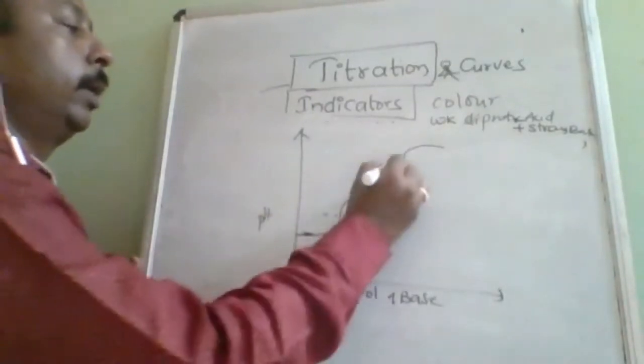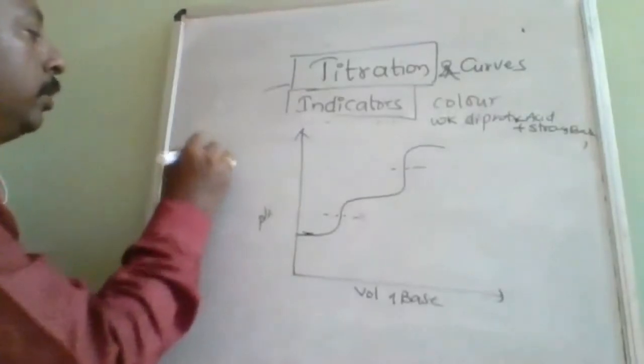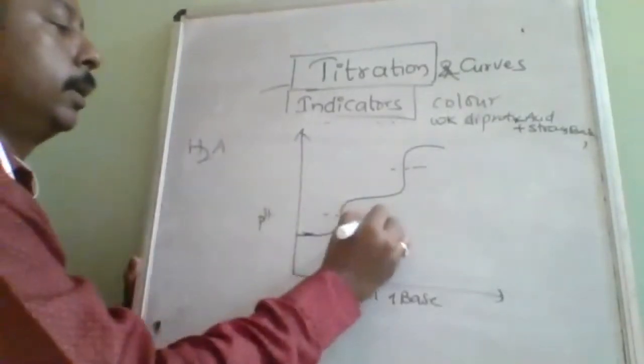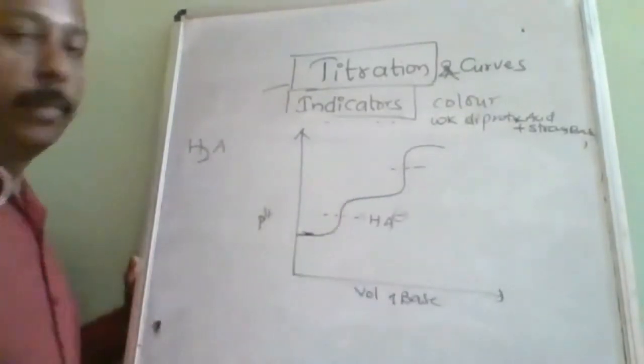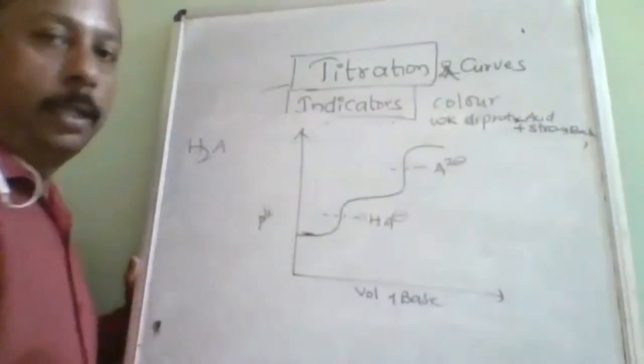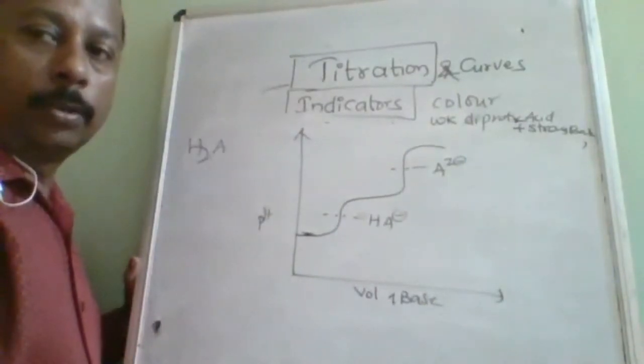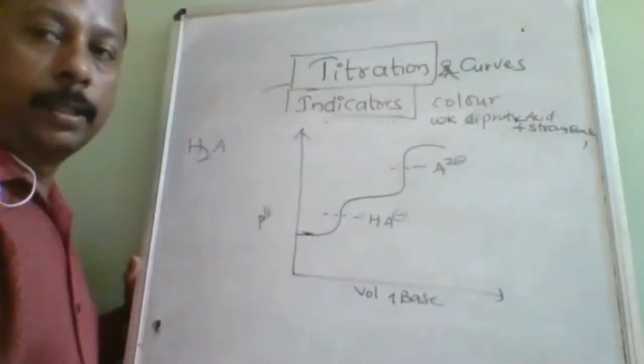One equivalence point is this one, another is this one. Suppose H2A: this is the equivalence point when HA minus is formed. Here this equivalence point is formed when A2 minus is formed. Is it understood, students?